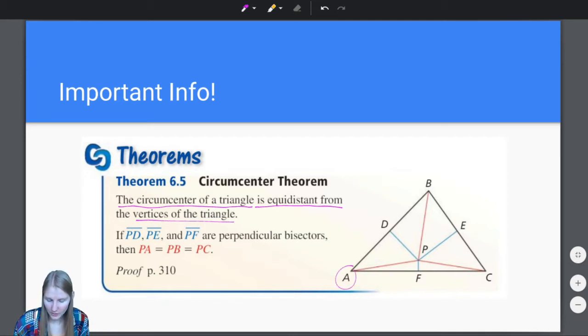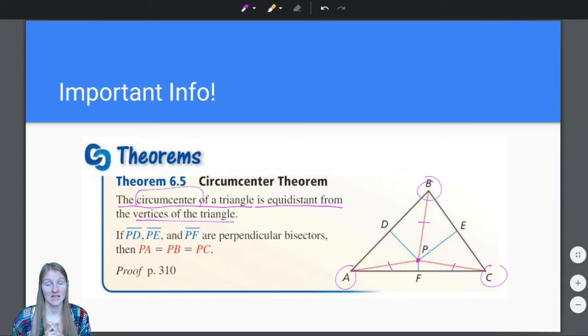So if you have 3 points, A, B, and C, and you want to know where is the exact middle of all of these points, what point is the same distance away from all of these corners? That's the circumcenter. So if you can construct the circumcenter, you know what point is exactly the same distance away from all of these corners. So that's why the circumcenter is helpful.